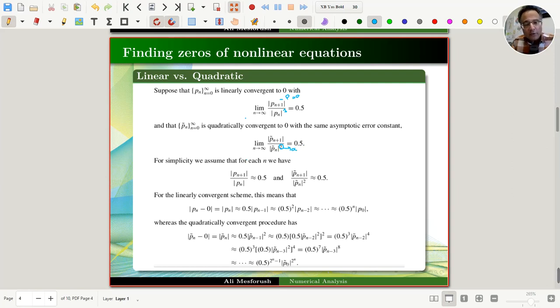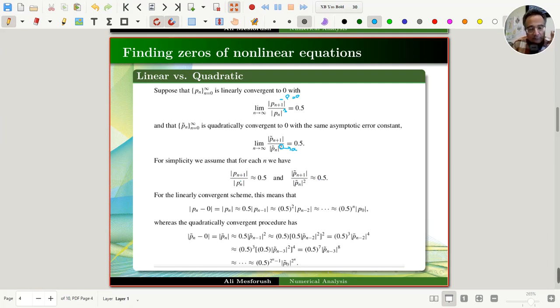Now, let me ignore the limit term and just say the absolute value of Pn+1 over Pn is approximately equal to half. And the absolute value of Pn+1 tilde over the absolute value of Pn tilde squared is approximately equal to half.